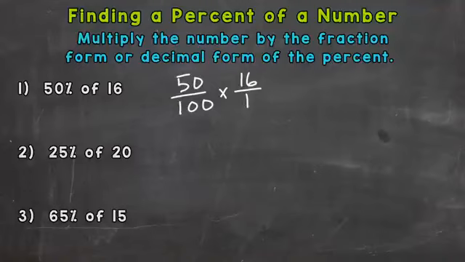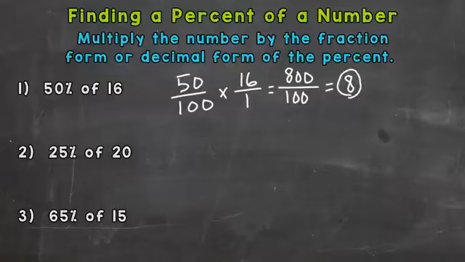We just have a numerator and a denominator now. Now we multiply straight across. 50 times 16 is 800, and 100 times 1 is 100. And that's improper, so we need to do 800 divided by 100, which is 8.